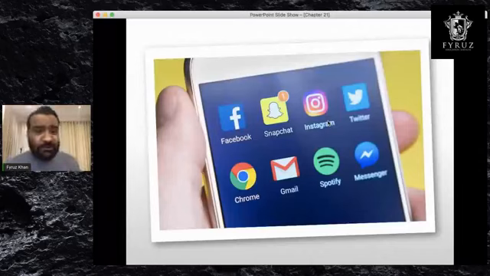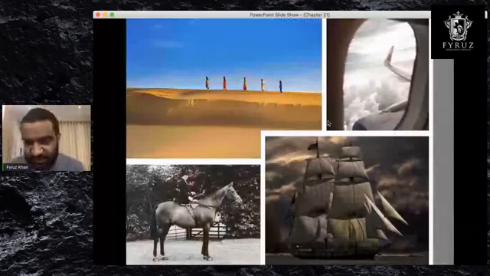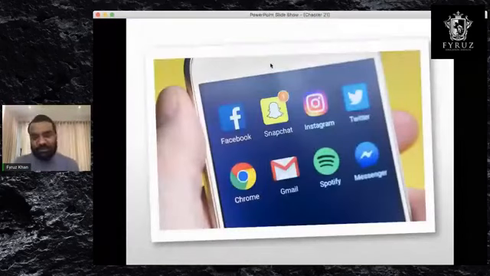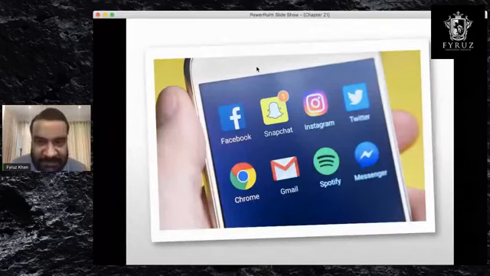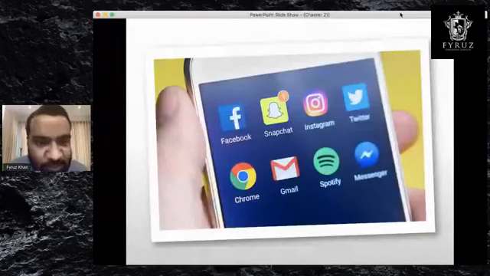You can do a Messenger call, a Skype call, a WhatsApp call. So this is why globalization has changed so much, because of transportation and because of communication. Two reasons: transportation and communication. Please write it down.